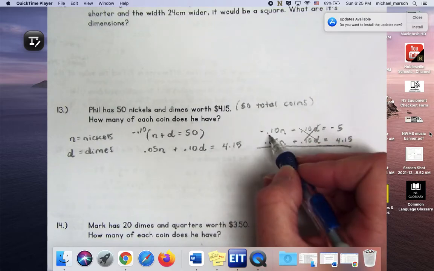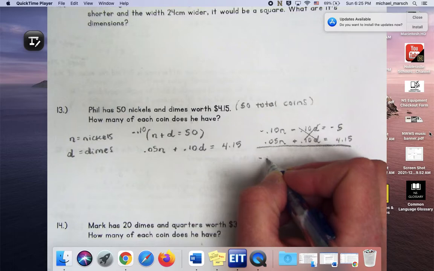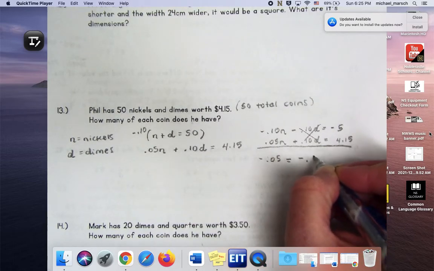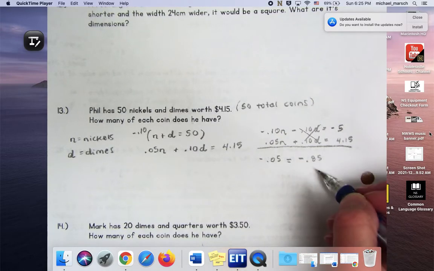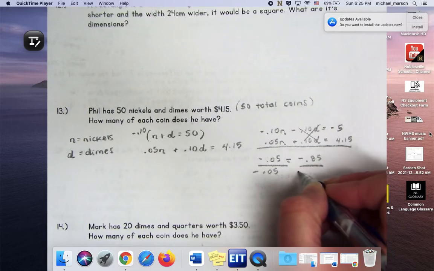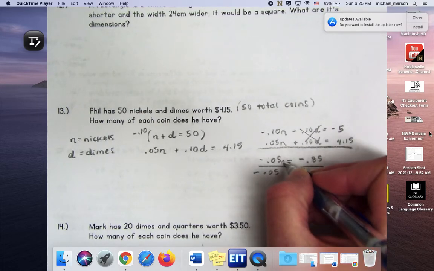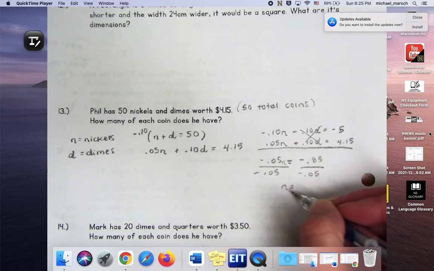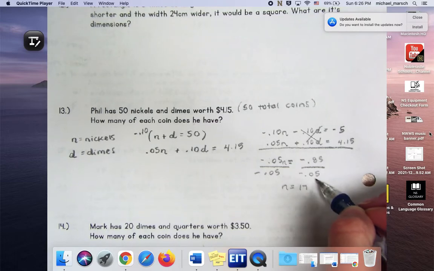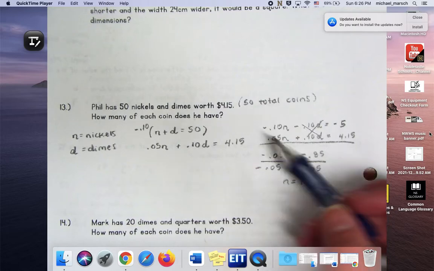So negative 0.10 plus 0.05 is going to be negative 0.05n equals negative 0.85, because when I combine those I get 0.85, which is good because a negative divided by a negative gives me a positive. So n is going to equal 17, because negative 0.85 divided by negative 0.05 is 17. And then that tells me there are 17 nickels.